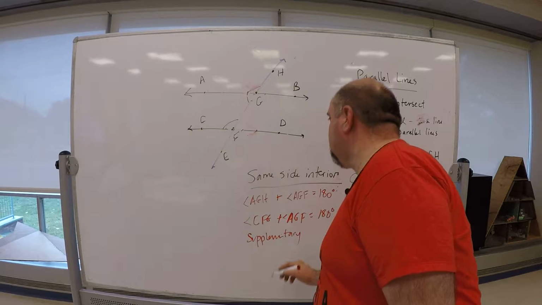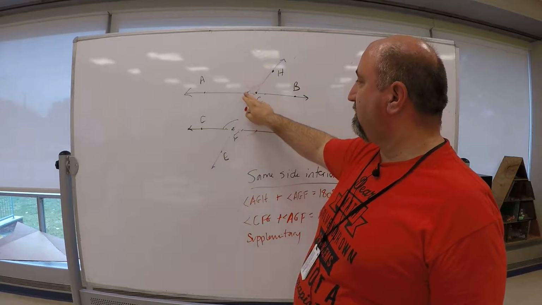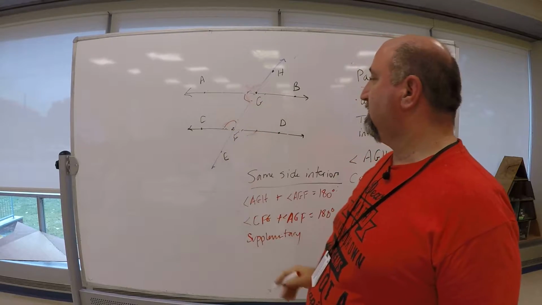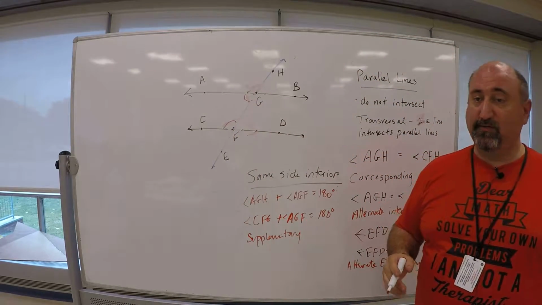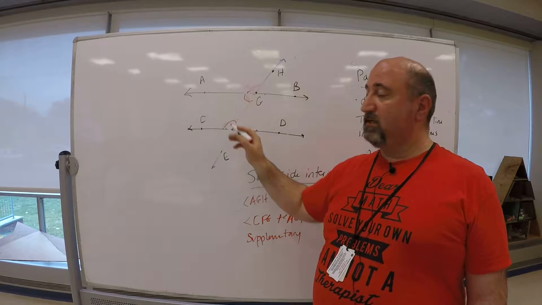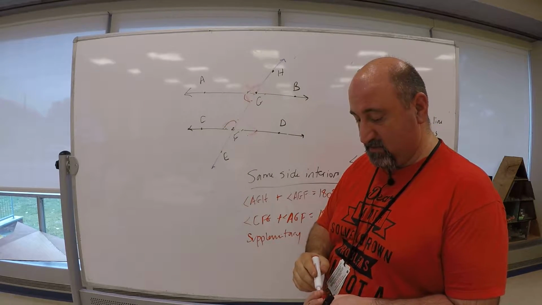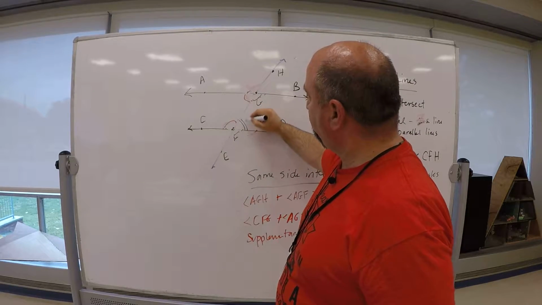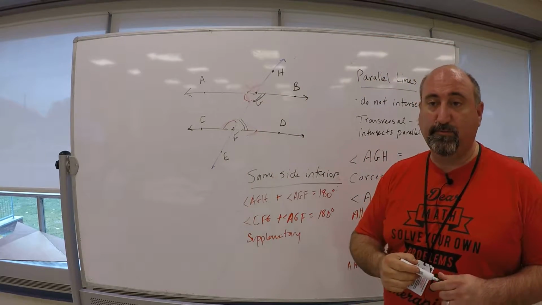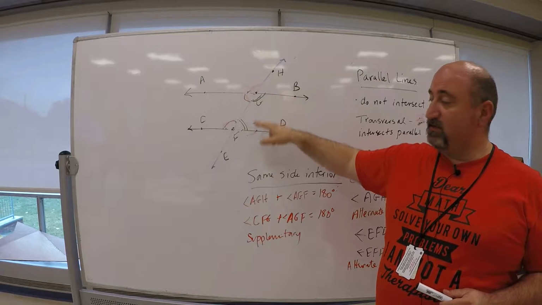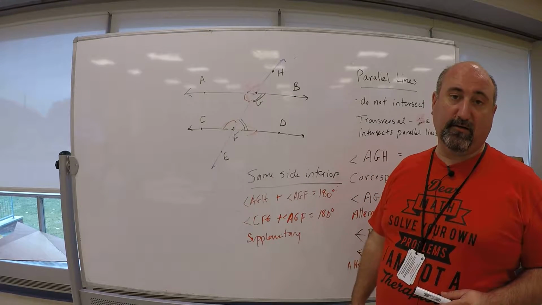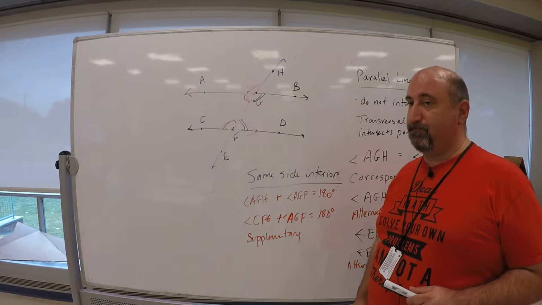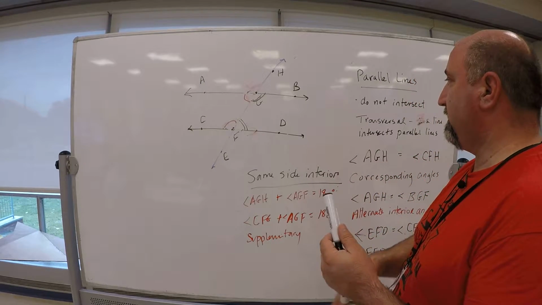So anytime you have two angles that are interior and on the same side of the transversal, so these two and these two over here, those are going to be supplementary to the other angle in the pair. Questions about that? No. All right.